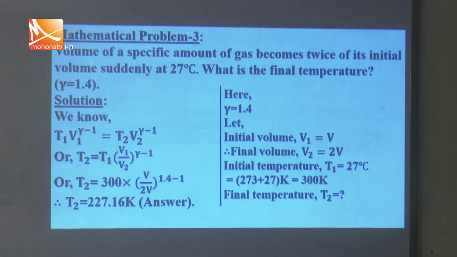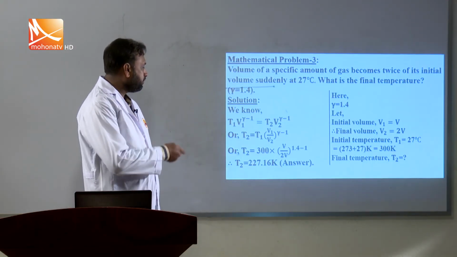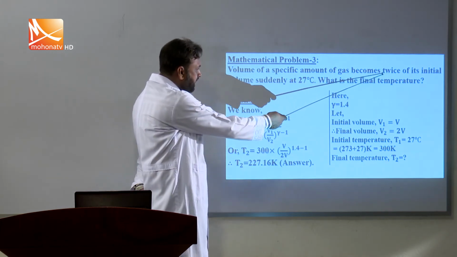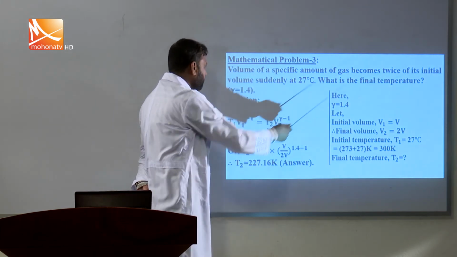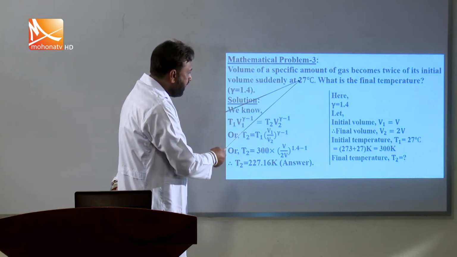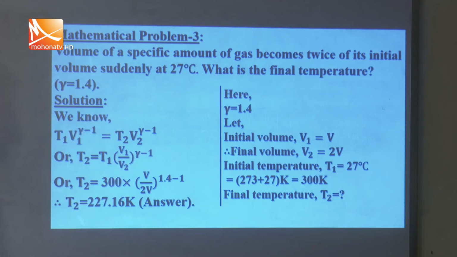Now another mathematical problem. The volume of a specific amount of gas becomes twice its initial volume suddenly at 25 degrees Celsius temperature, then what is the final temperature?